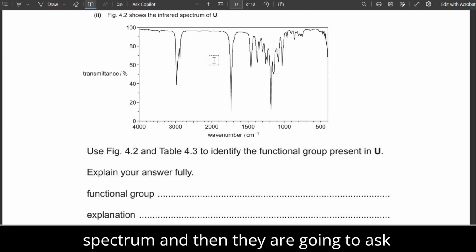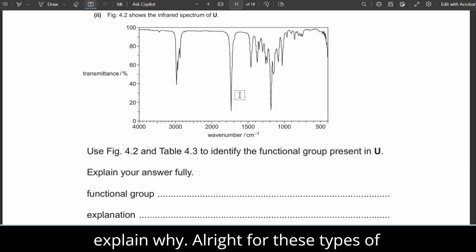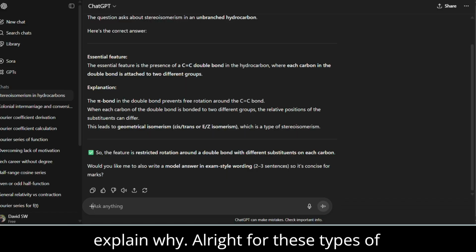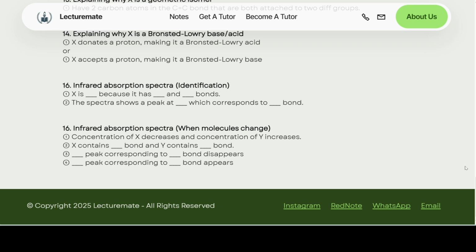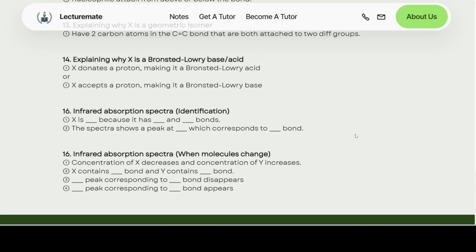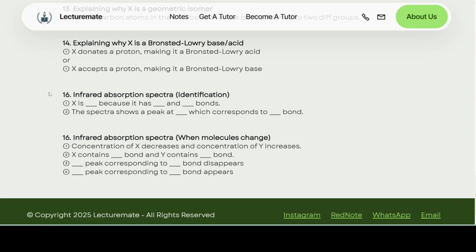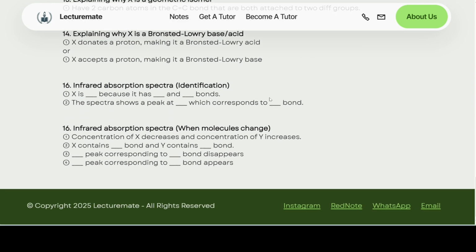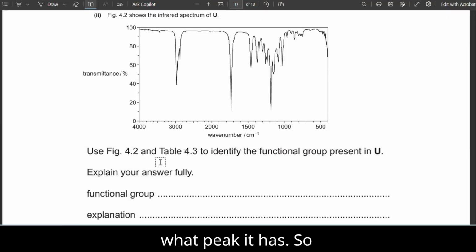They'll just give you a spectrum and then ask you to give the functional group and explain why. For these types of questions, they are really simple. All you have to do is state what bonds it has and then state what peak it has.